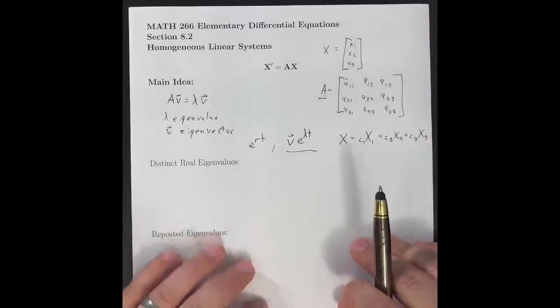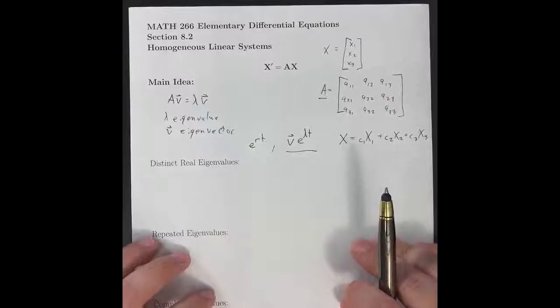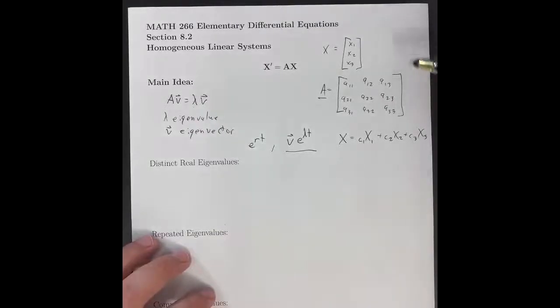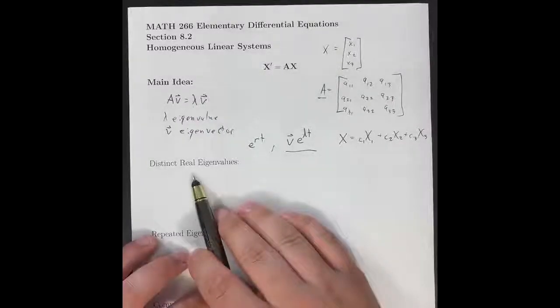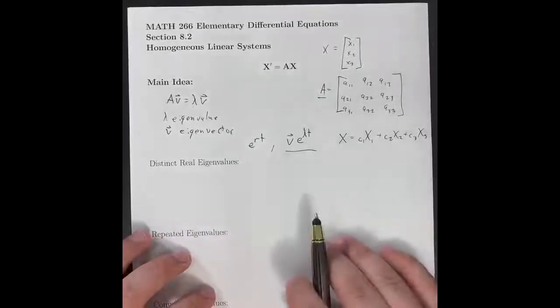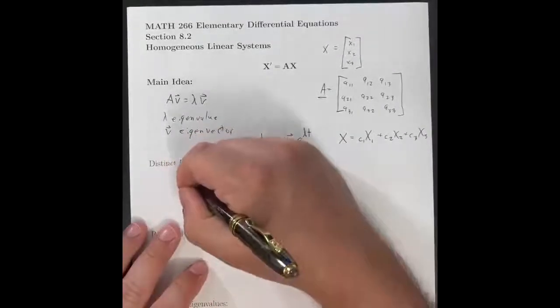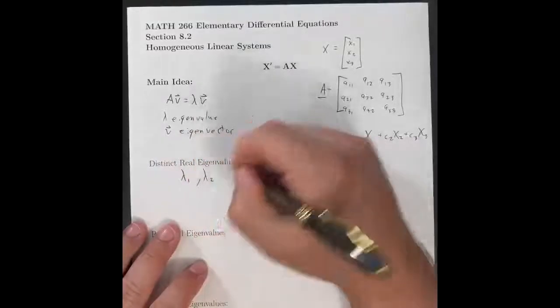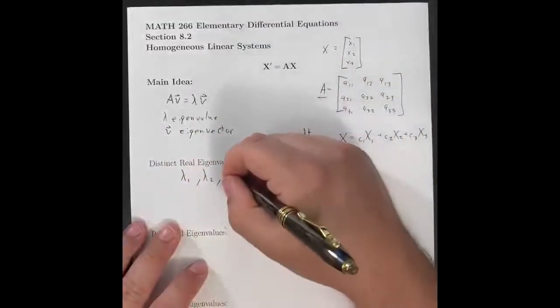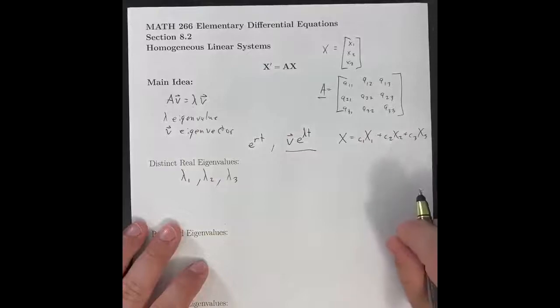So what can happen? Some different things can happen. We could have all real eigenvalues that are all different, and that's the simplest case. Say the eigenvalues are lambda 1, lambda 2, and in this 3x3 example, lambda 3.